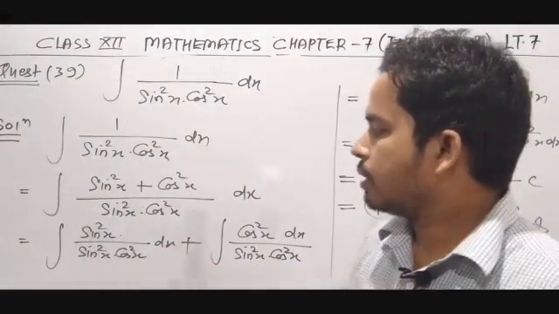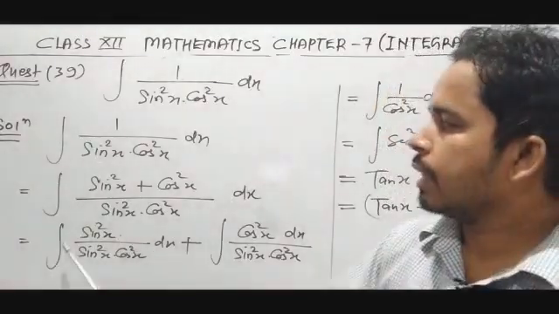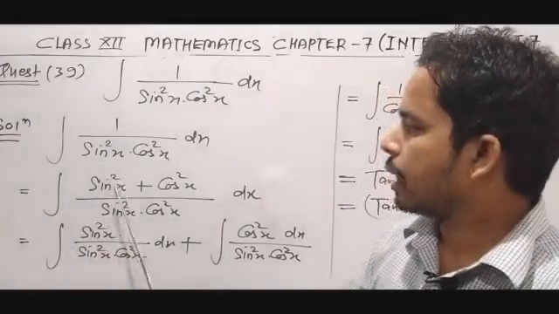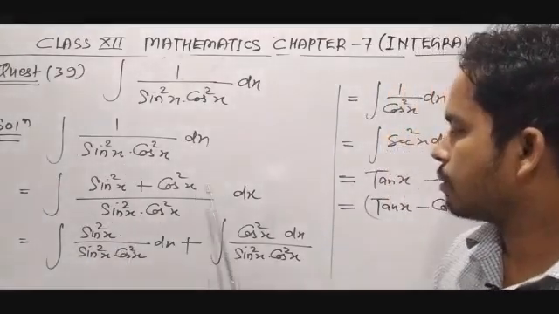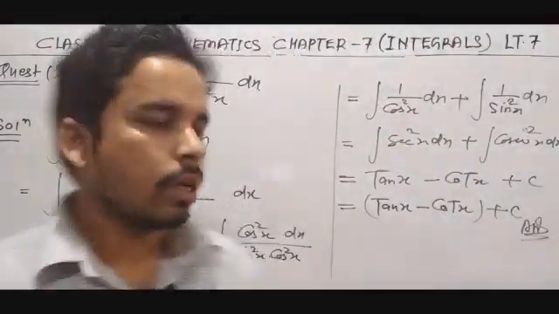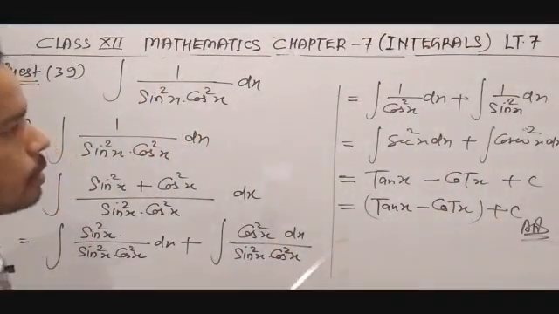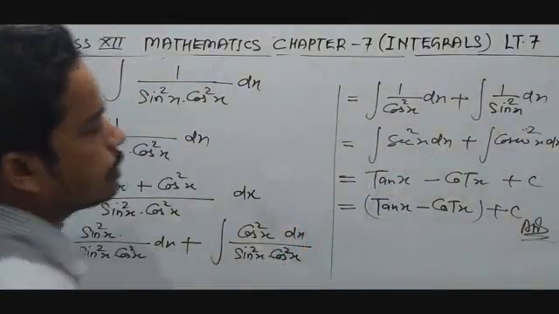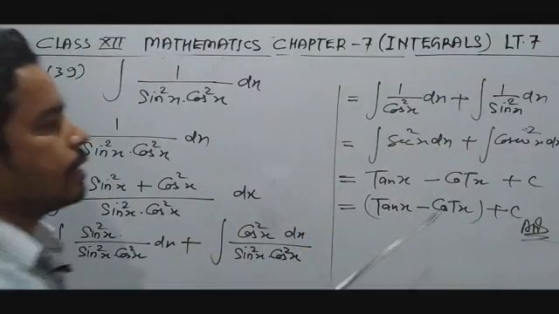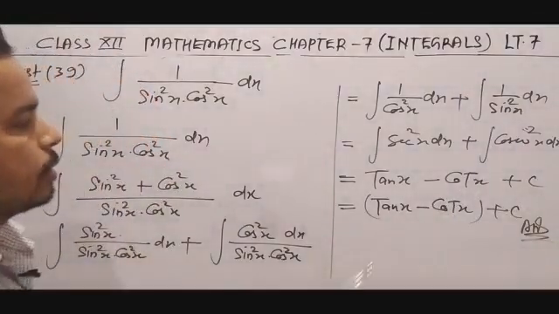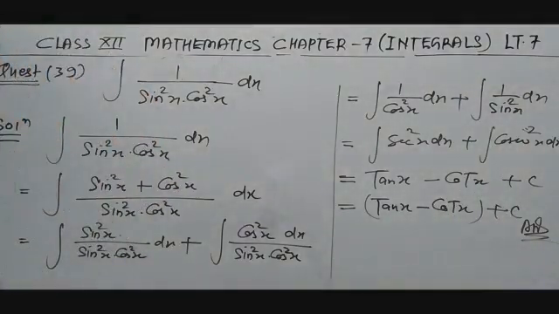Now separate partially: this single integration will convert into two integrations. So sine square x upon sine square x into cos square x, and cos square x upon sine square x into cos square x. Sine square x upon sine square x will cancel out, and now cos square x will cancel out. The result will be sec square x and cosec square x. Now the integration of sec square x is tan x, and of cosec square x is minus cot x, plus c, the constant of integration. So tan x minus cot x plus c is the answer. Now this exercise is totally completed.